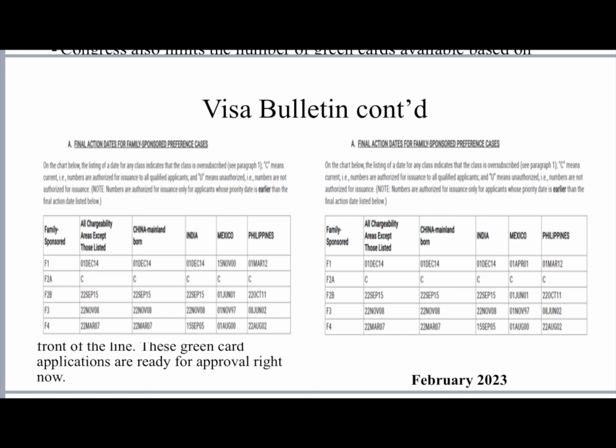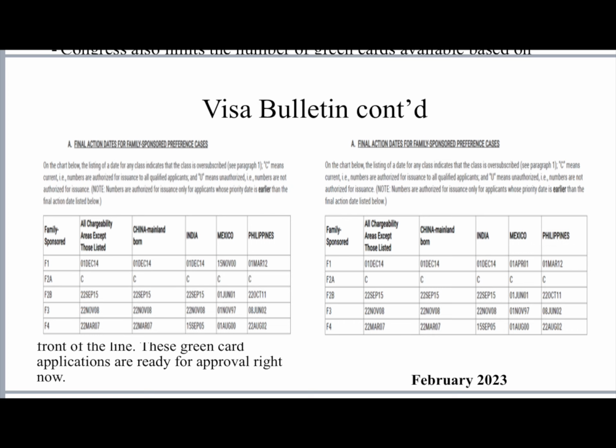Chargeability area is just the country where you belong, or where you're going to get your visa issued. So whatever country, that is going to be counted against their quota, the 7% that they are allocated, or the maximum that they are allocated, if that's making any sense.